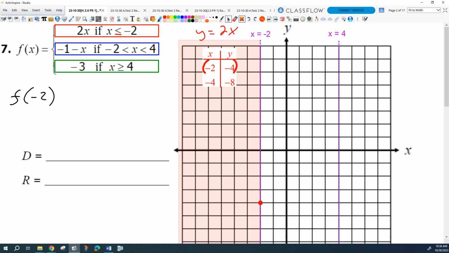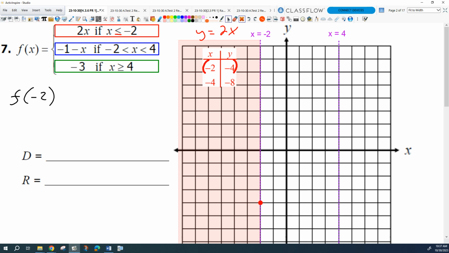What's your thinking on that if I'm inputting a -4? There's multiple pieces, so how do we know which piece to input it into? Yeah, which one does it fit into in the domain?